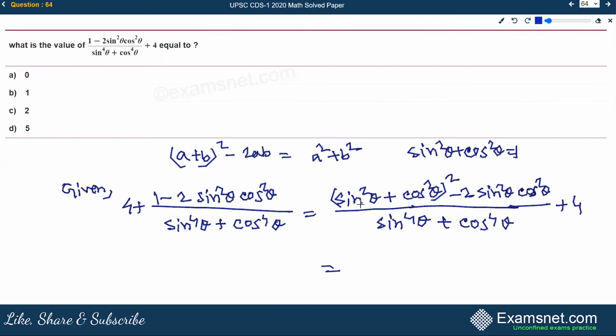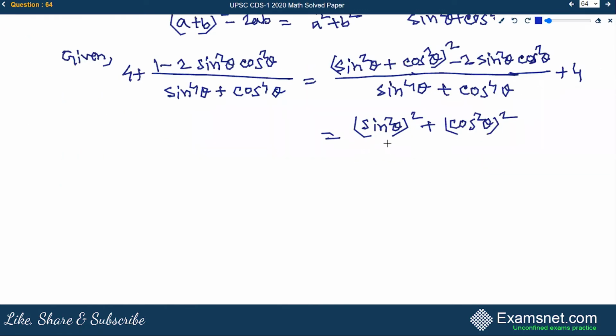Here a is sine square theta, so that means sine square theta whole square, next cos square theta whole square, by sine to the power 4 theta plus cos to the power 4 theta, plus 4.